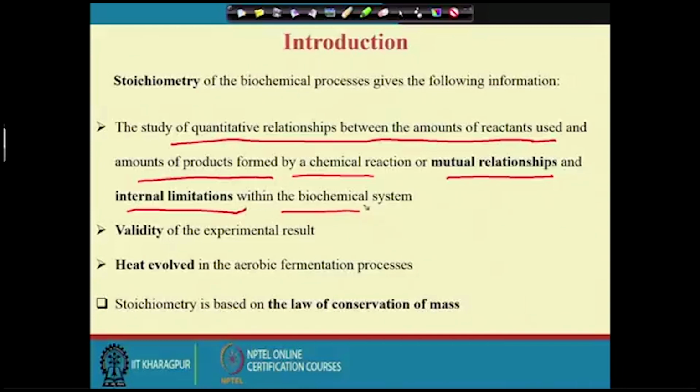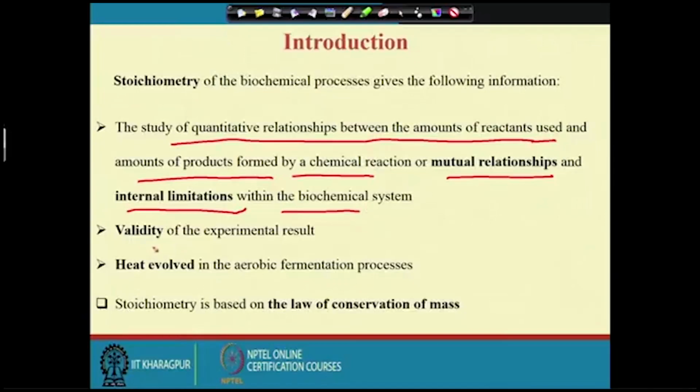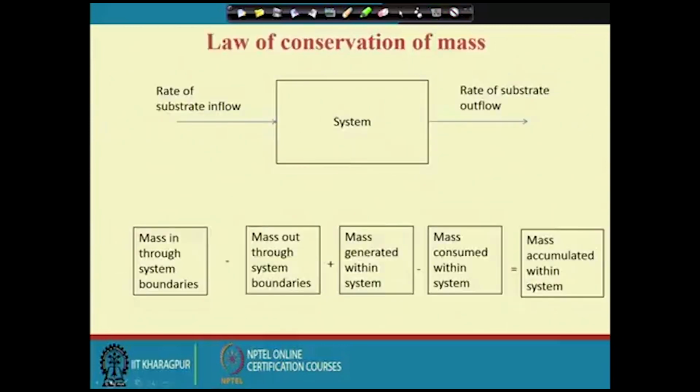That means how much of the substrate molecule gives how much of product, which you can find out theoretically from the stoichiometry. Then the validity of experimental results, and the third one is the heat evolved, particularly in the aerobic fermentation process.